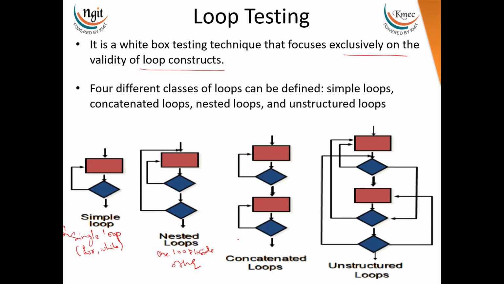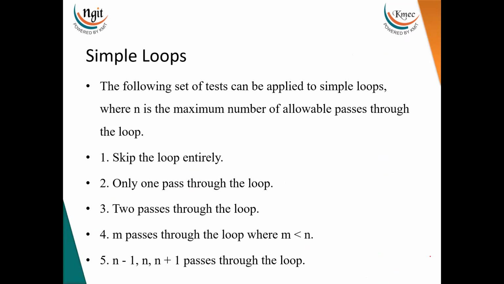Concatenated is multiple loops in sequence, right? Then an unstructured loop is one that is badly written. Right, let us try to understand one by one.